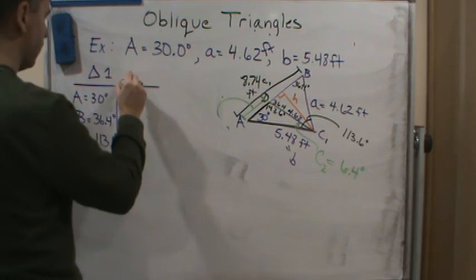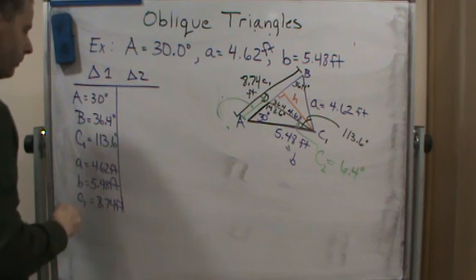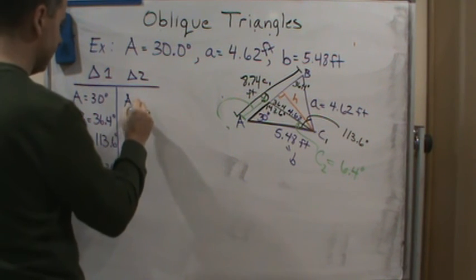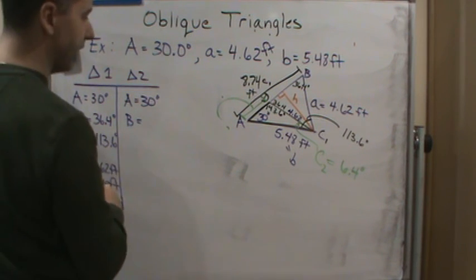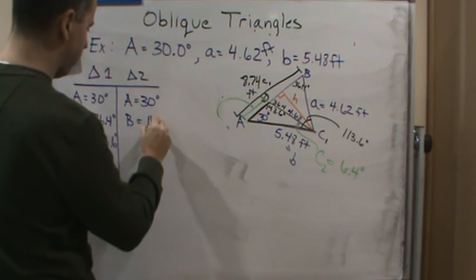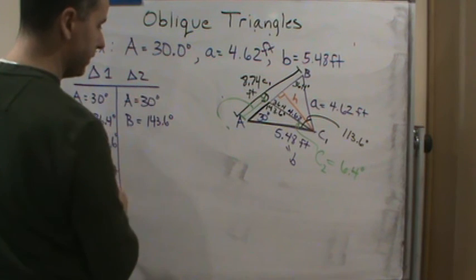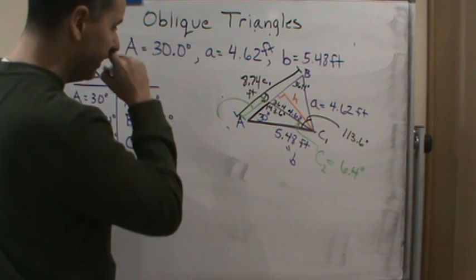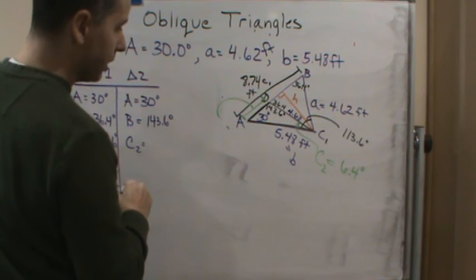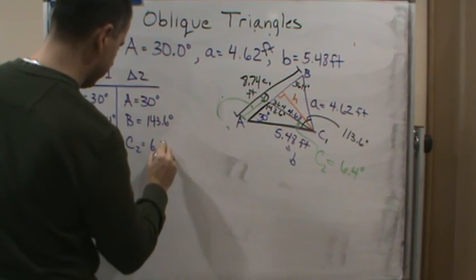All right, and then triangle 2, I have, again, A is equal to 30 degrees. Angle B, in this case, is now 143.6 degrees, and angle C2 is going to be 6.4 degrees.